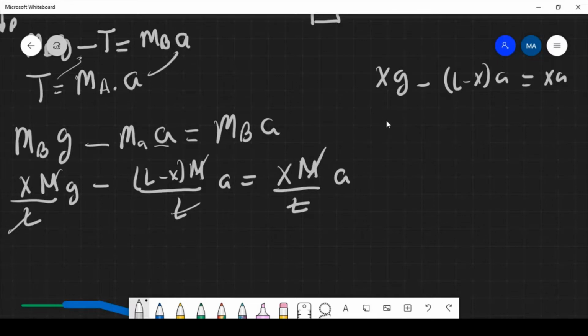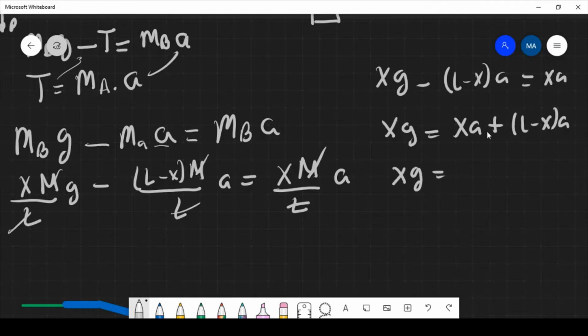X multiplied by G is equal to XA. This whole thing will go to the other side plus L minus X multiplied by A, okay? So XG is equal to, now X here will minus X here, so we will have it AL, okay?